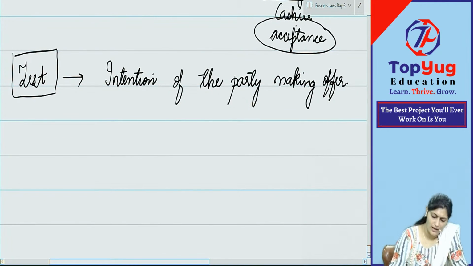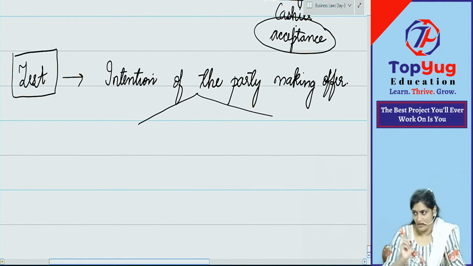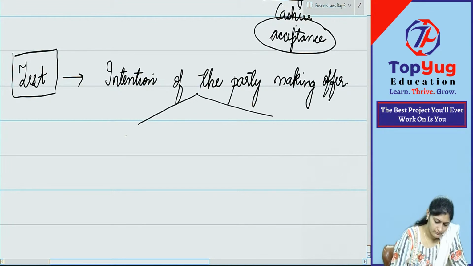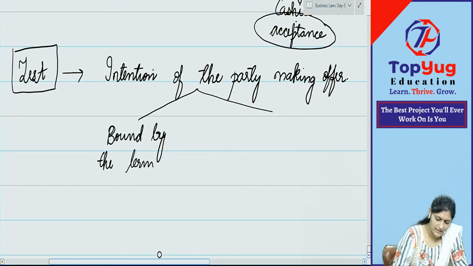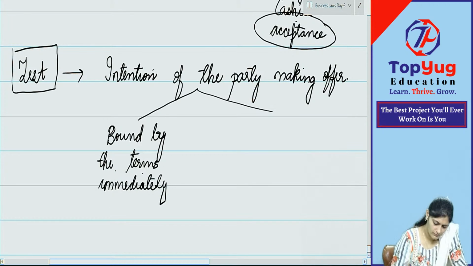Now he is going to have two types of intentions. First intention is to get bound by the terms immediately, then it is an offer.